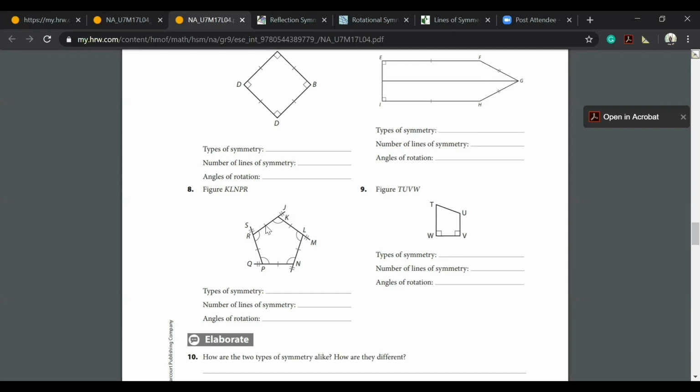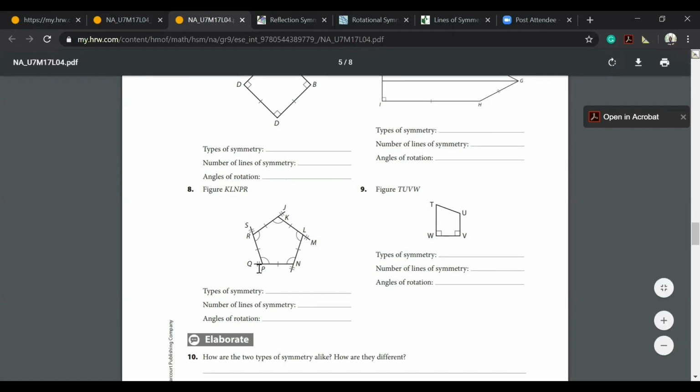Didn't we say I have this equal to this, equal to this, equal to this, equal to this, so I should have 5 lines of symmetry? Yes, but only if we didn't have these very, very small parts, PQ, RS, KJ, LM and N, the part in here. But since we have these strange parts, each one going in a different direction, nothing will be similar to each other. So this is not a line symmetry.